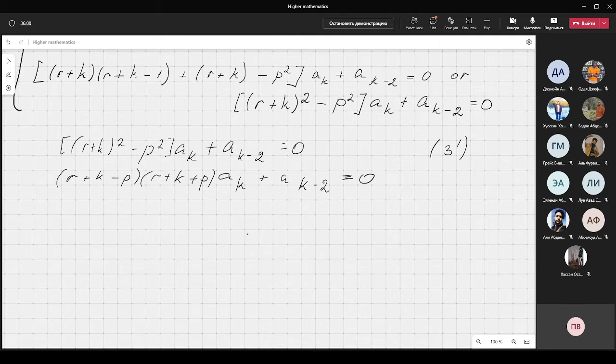It is given that a0 is not equal to 0. Hence, r squared minus p squared must be equal to 0. Therefore, r1 is p, or r2 is minus p.